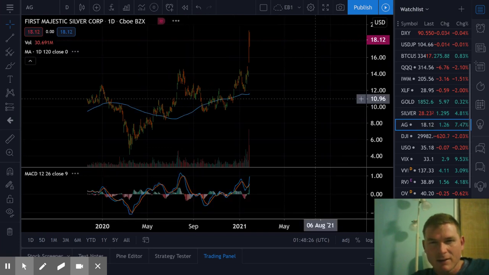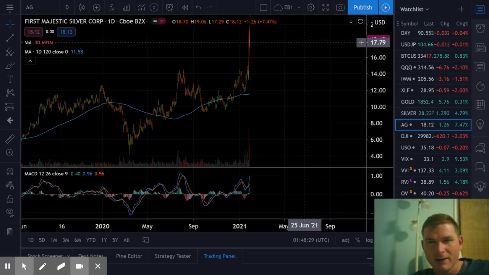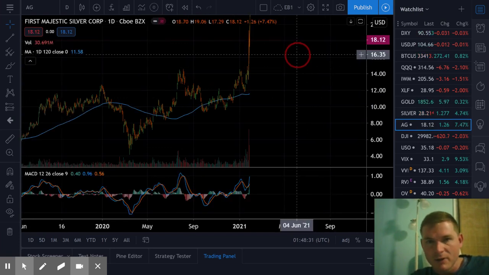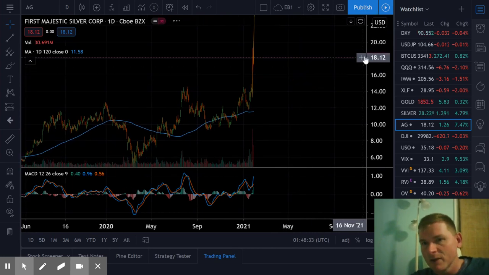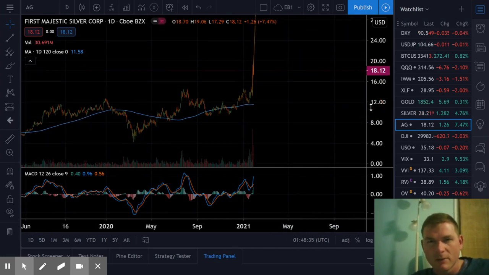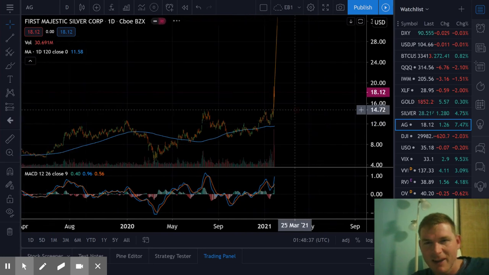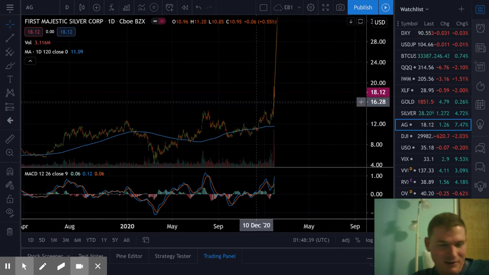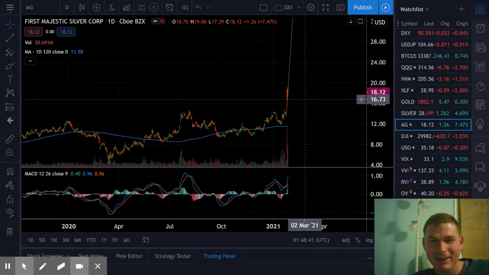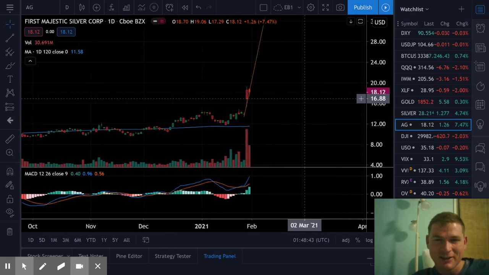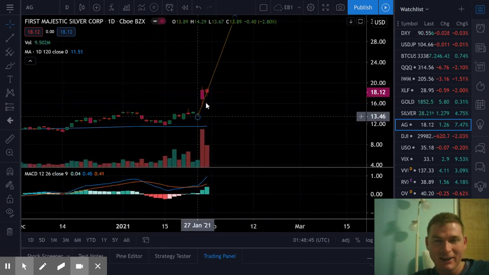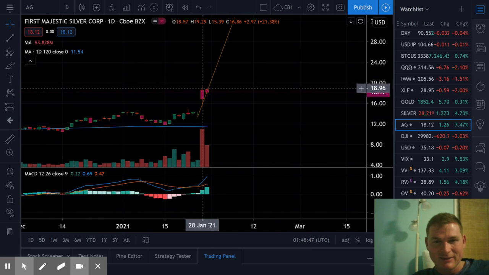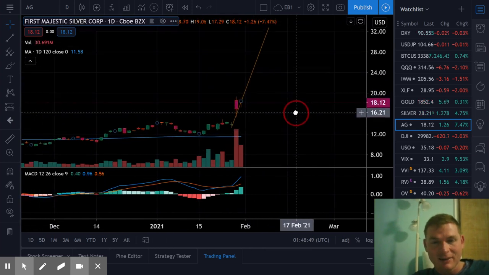And then AG is the silver miner, the main one. First Majestic is one of the biggest silver miners, and one of the silver miners with the most short interest. Oh, that line is not part of the chart. I was just throwing a trend line on the angle of this takeoff, and that's the angle of the takeoff it's on right now.